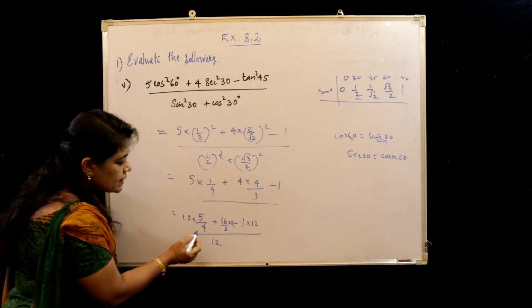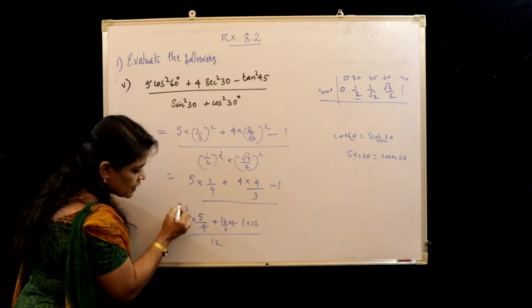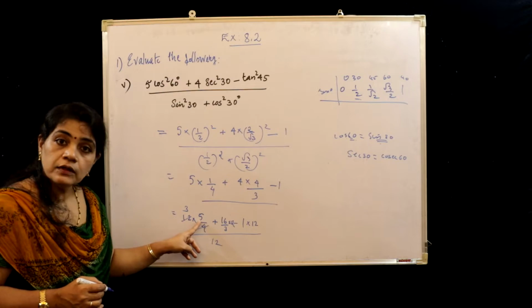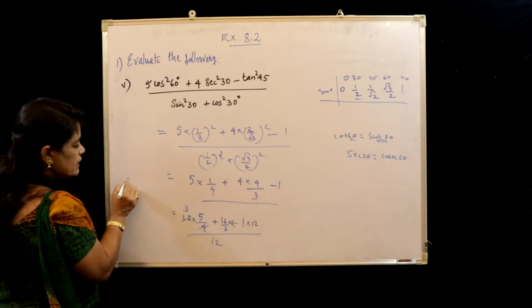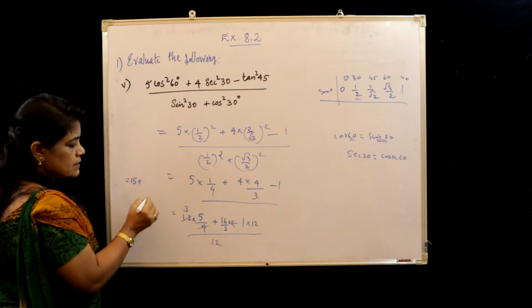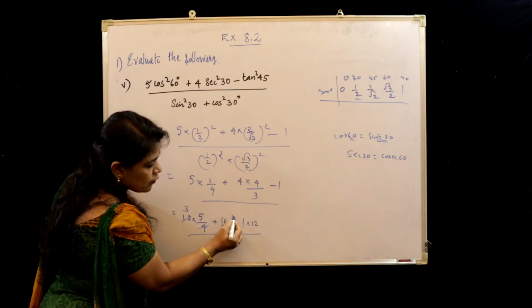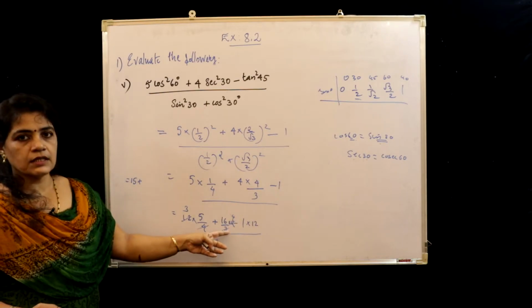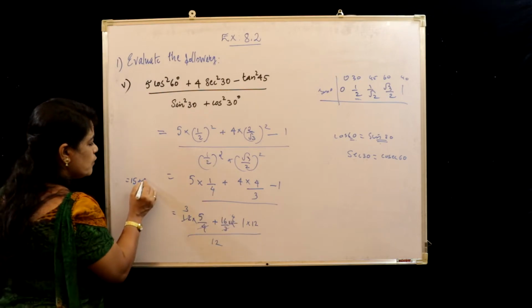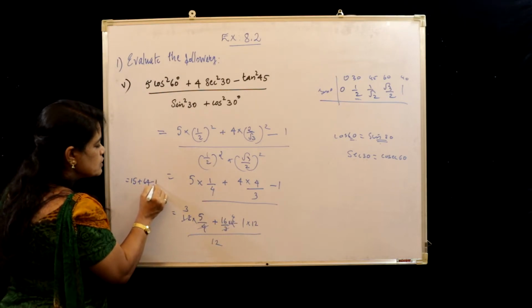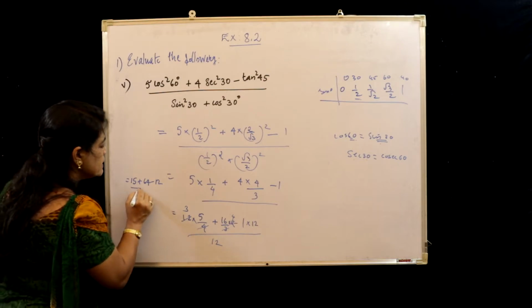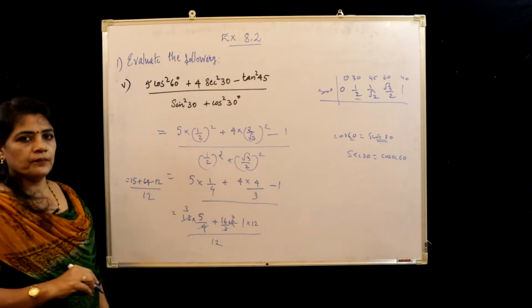And 4 into 12, 3 times, so 5 into 3 is 15, plus. Here 12 and 3, 4 times, and 16 into 4 is 64, minus 12, divided by 12, the LCM.